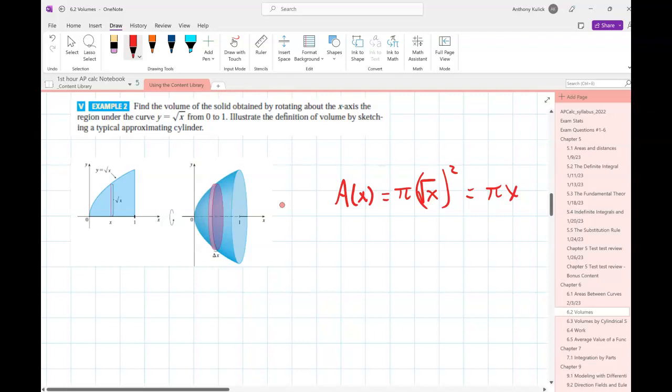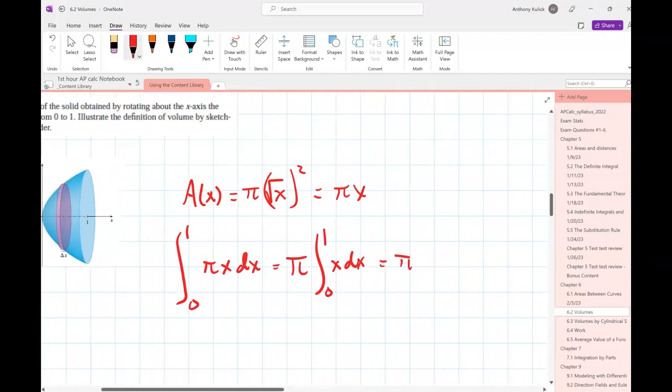So to calculate the volume, we're going to integrate from 0 to 1 pi x dx. So I can pull the pi out front.